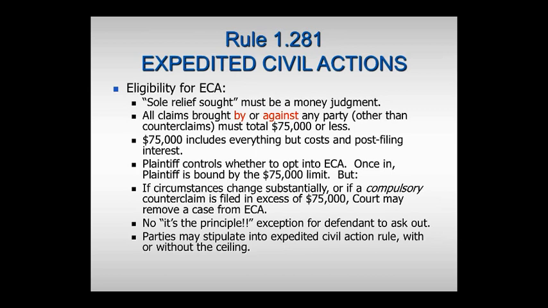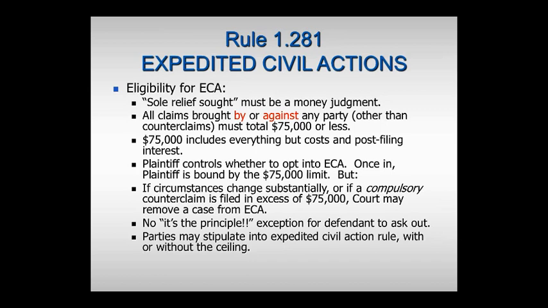The rule language is expressly designed to limit your recovery by one party or against one party to $75,000 or less. That $75,000 includes everything except costs and post-filing interest, not pre-filing interest, which would be incorporated within the $75,000.